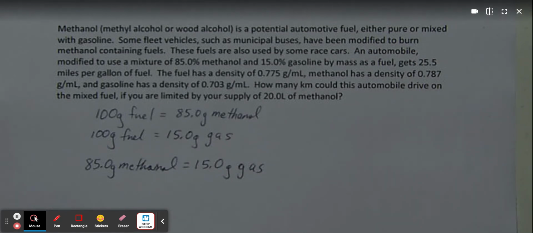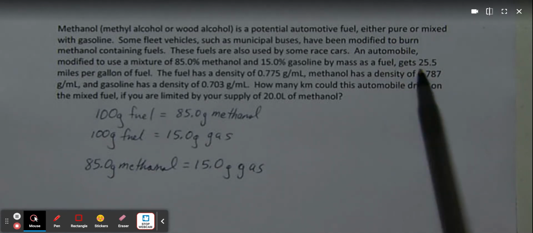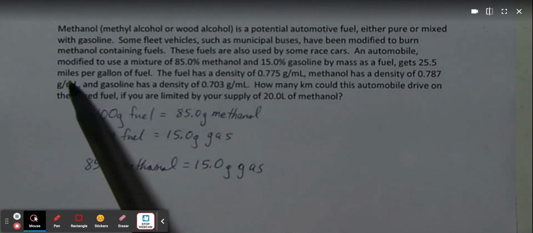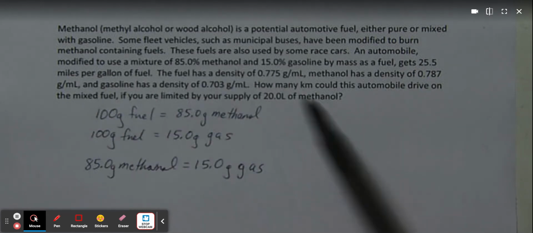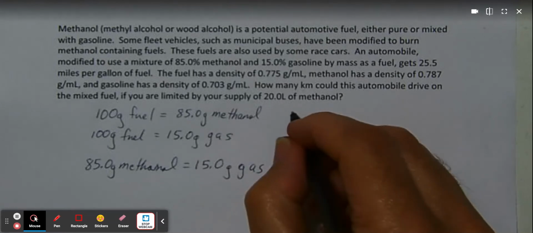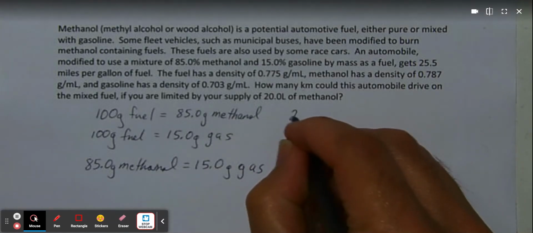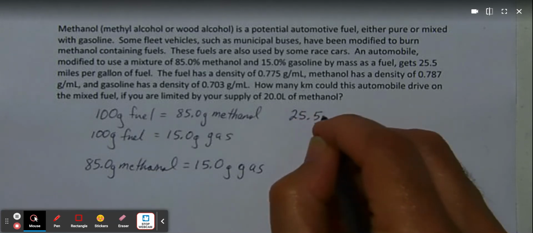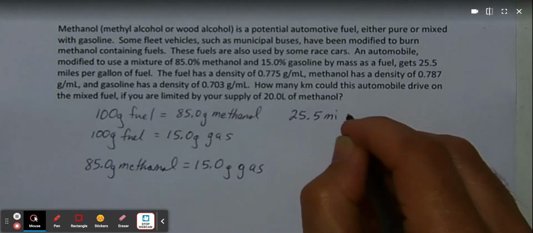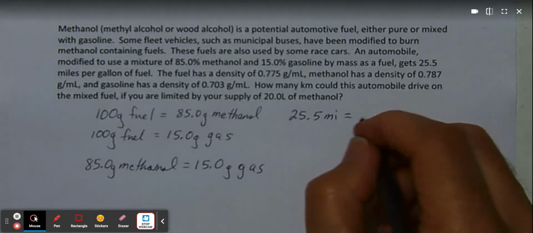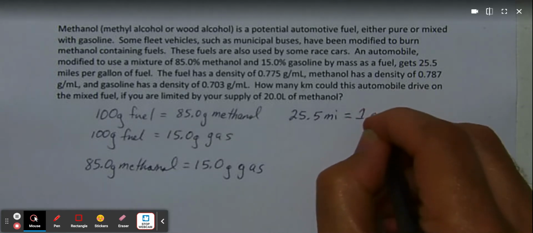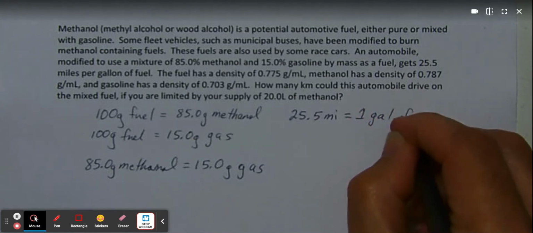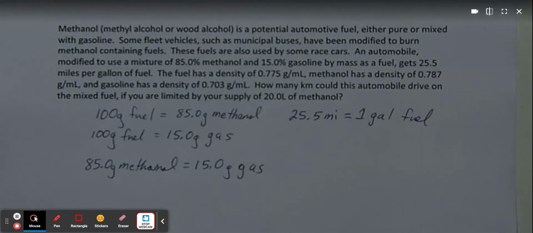They also give us the densities. They're telling us that this fuel gets 25.5 miles per gallon. If we write that as an equality, for every 25.5 miles we go, that will be equal to 1 gallon of this fuel.